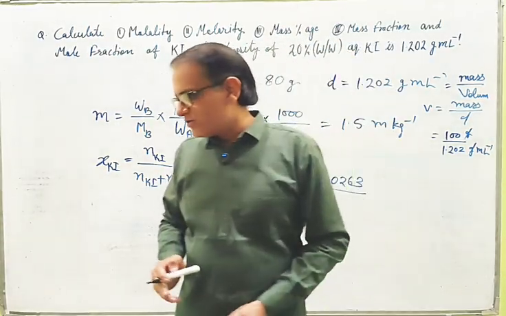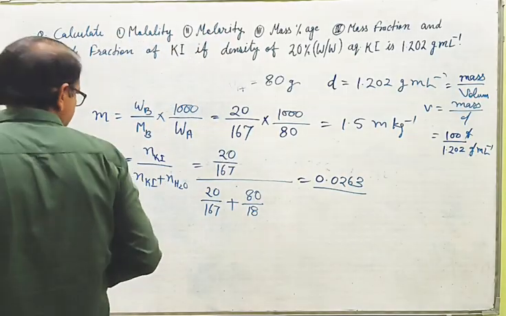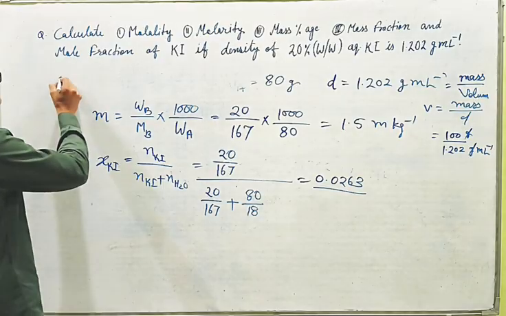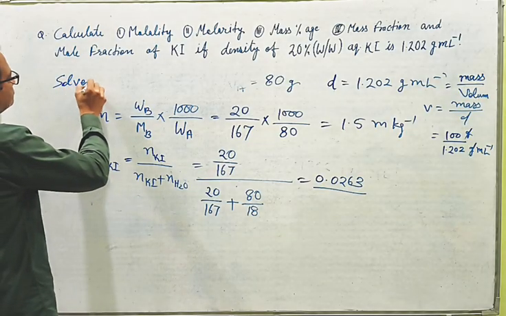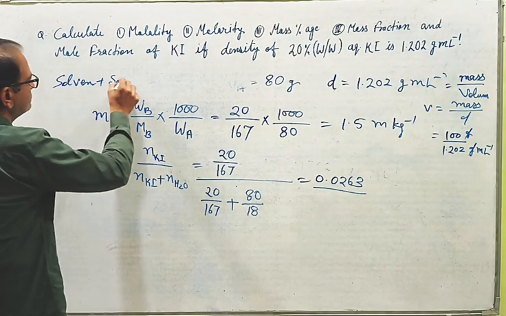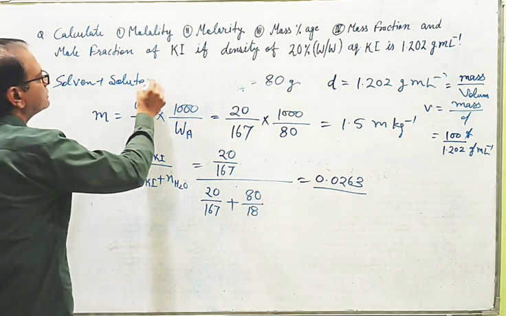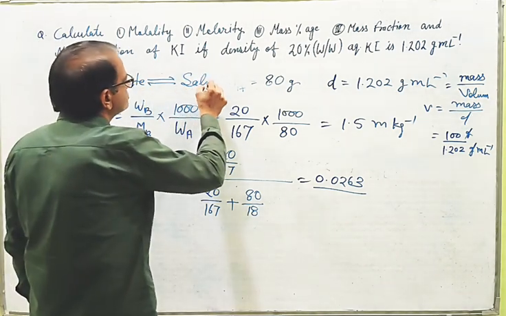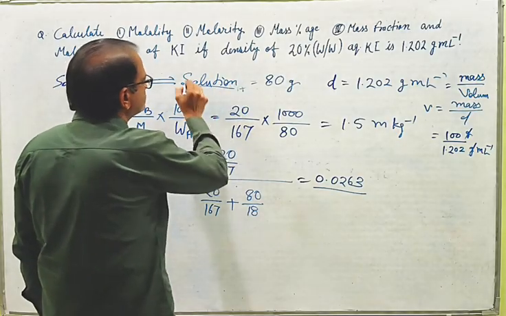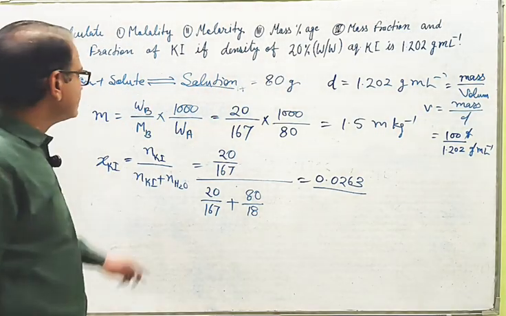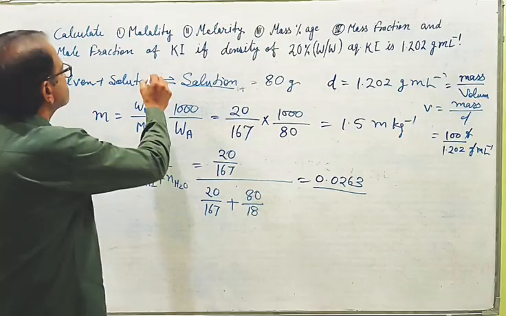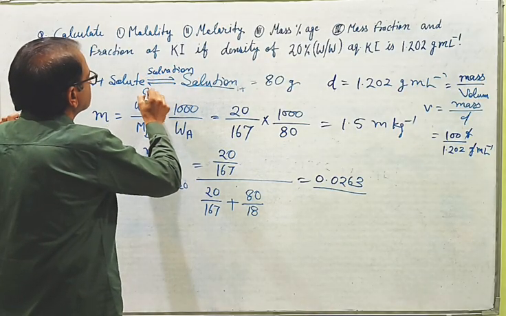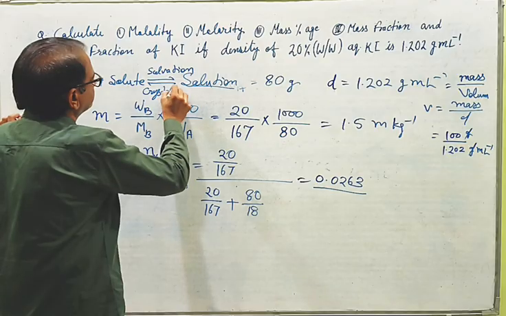Now in a saturated solution, we take a solvent and start dissolving a solute into it. A stage will be reached where the solution becomes saturated. This is the solvation and this is crystallization.